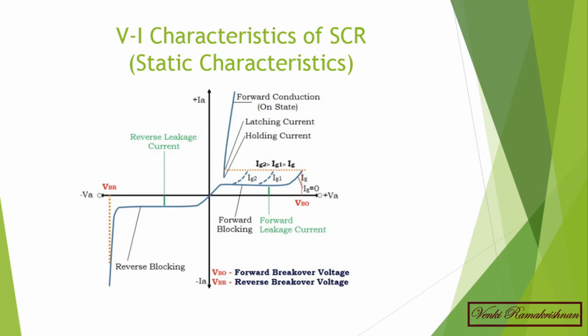So depending upon the gate supply strength, there is a value of gate current. It will vary the breakdown voltage as shown here. If the IG2 is very high, then at a very minimum value of VA, it will suddenly change from forward blocking mode to forward conduction mode.